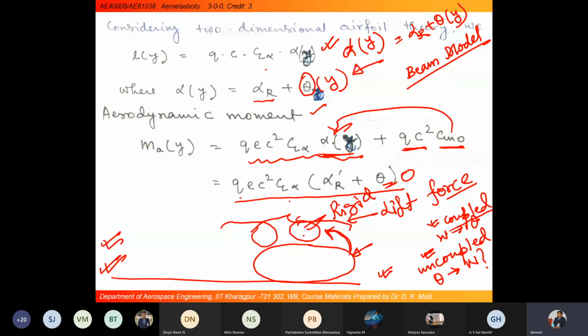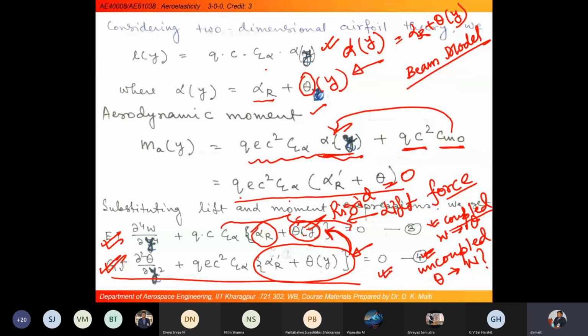Now if we write the equilibrium equations, first the bending equation: EI d4 w by dy to the power 4 plus q into c into cl alpha times alpha r plus theta of y equal to 0. Then the torsional equation: GJ multiplied by d2 theta by dy square plus q e c square cl alpha multiplied by alpha r prime plus theta of y equal to 0.